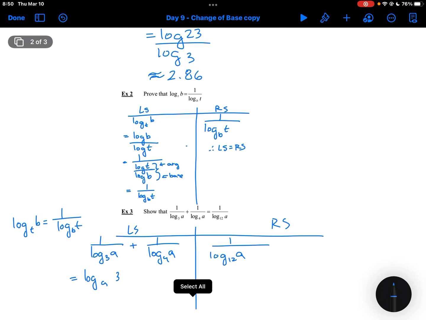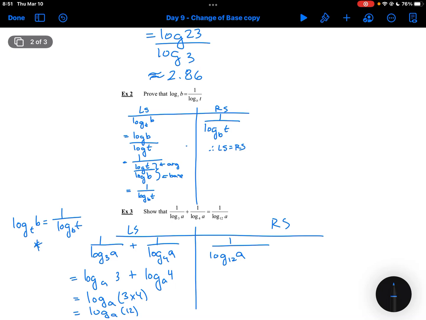So I have log base a of 3 plus log base a of 4. I know that when two logarithms are separated by an addition sign, I can multiply those arguments together. So this gives me log base a of 12.